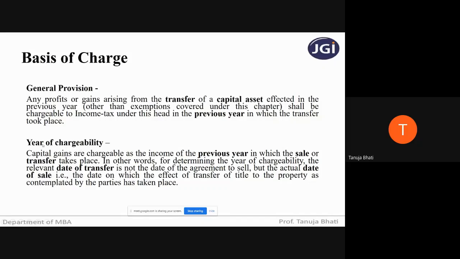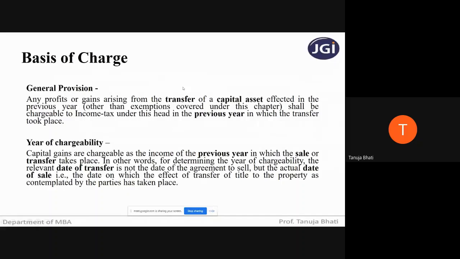Next, year of chargeability. What is going to be the year of chargeability? As I have already explained, capital gains are chargeable as income of the previous year in which the sale or transfer takes place. In other words, for determining the year of chargeability, the relevant date of transfer is not the date of agreement to sell, but the actual date of sale. That is the date on which the transfer of title to the property as contemplated by the parties has taken place.